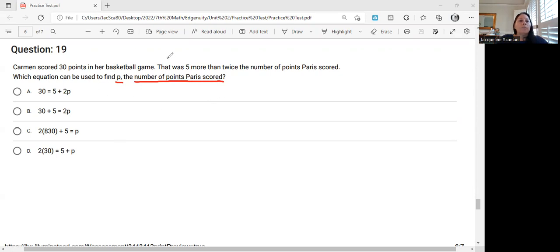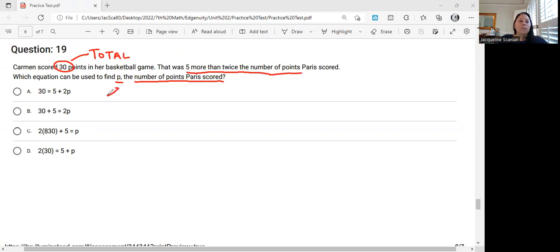I can go back up into the problem and I can read that Carmen scored 30 points. That's her total. And it also tells me that the 30 points that she scored is 5 more than twice the number of points Paris scored.